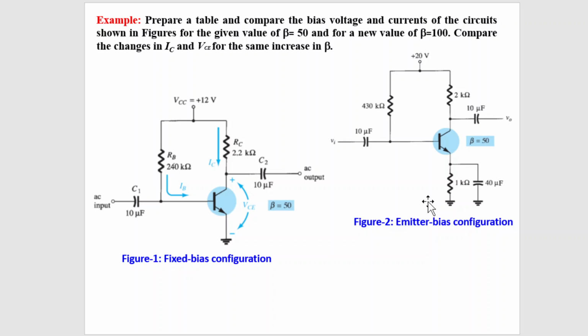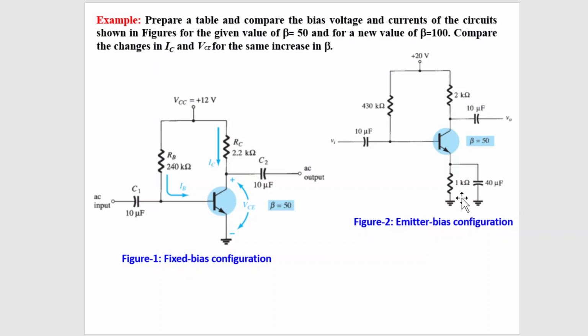And when you prepare a table, then you will be able to see how much these currents are changing for this case, and similarly for this case, how much current and voltage are changing when you change beta from 50 to 100. And this problem is very, very important. Why is this very important?